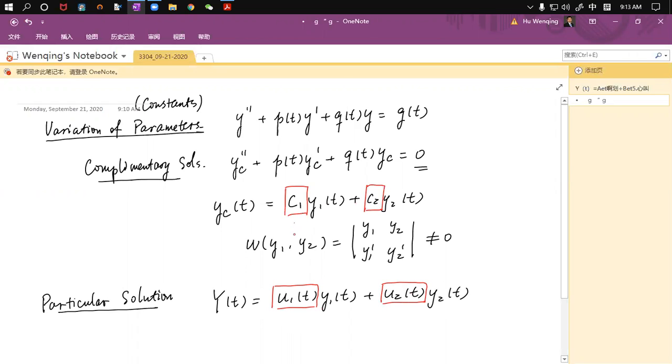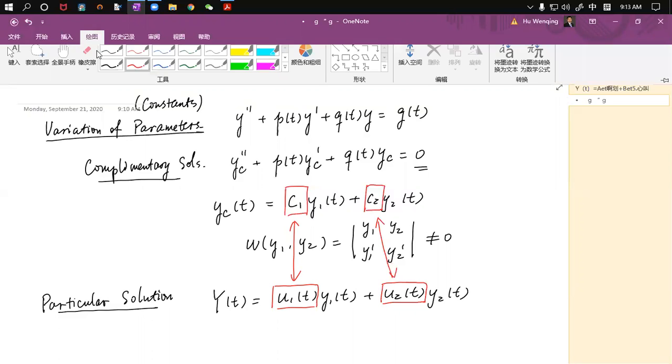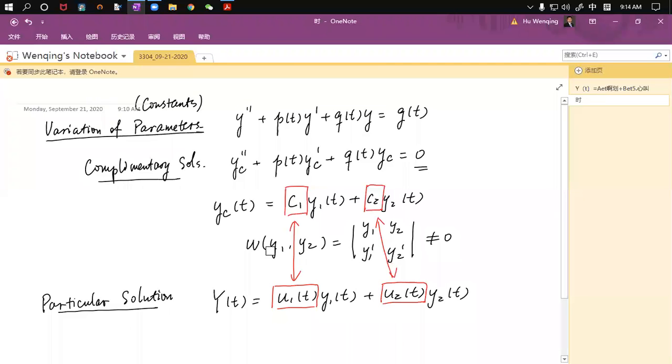So maybe I'll draw an arrow here and an arrow here, just to show that this is a variation of parameters. You're varying the parameter, right? Let me write the Wronskian somewhere else so that these arrows look better and are better aligned.